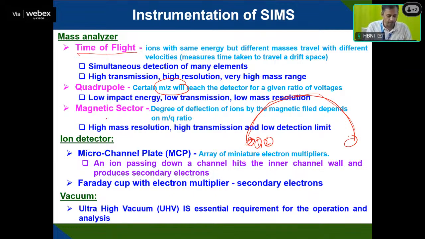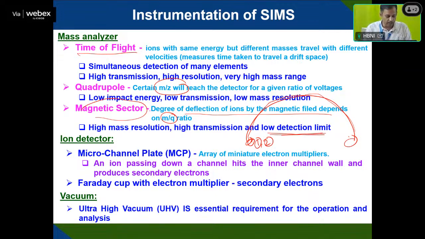Or you can have a magnetic sector, where the degree of deflection of ions under a magnetic field depends upon the M by Z. You could say M by Z, M by E, or M by Q, all are the same. So you are able to find out the M by Z ratio. It again has high resolution and transmission, but the detection limit is lower in this case.